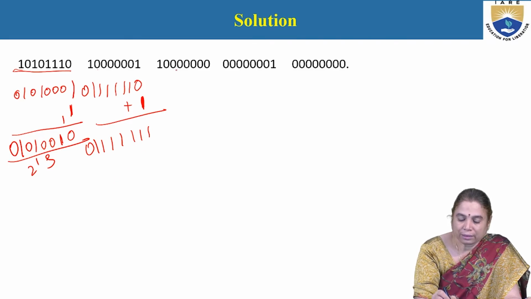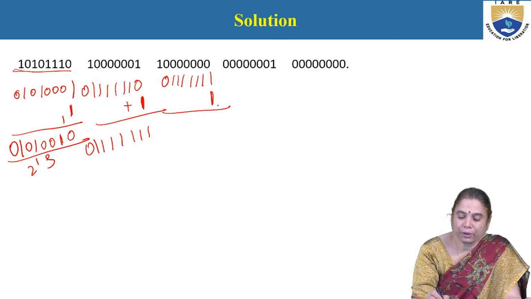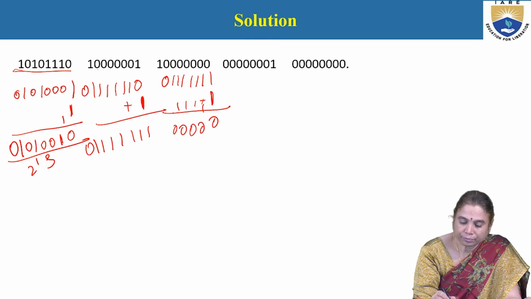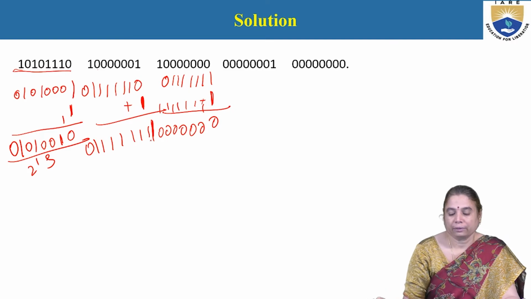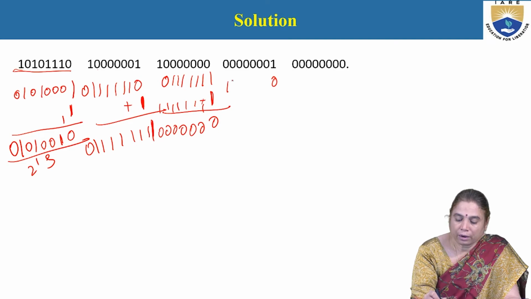So for the third number, this is the 1's complement, and we have to add a 1 to it. So at last we can get the 1. And for this number, all the remaining bits are 1. And adding a 1 here, all bits can be 0.